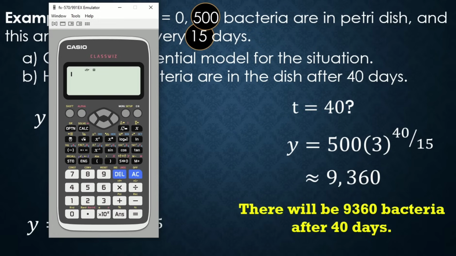So, input lang natin yung data, 500, open parenthesis, that is 3, close, tapos pindot yung pang exponent, and then yung fraction var, that is 40, then itong down arrow na to, over 15. So we can check our answer kung tama. Okay, the answer is 9,360. Thank you sa Casio dahil na-download ko yung emulator nila, kakapanood ko ng seminar nila.